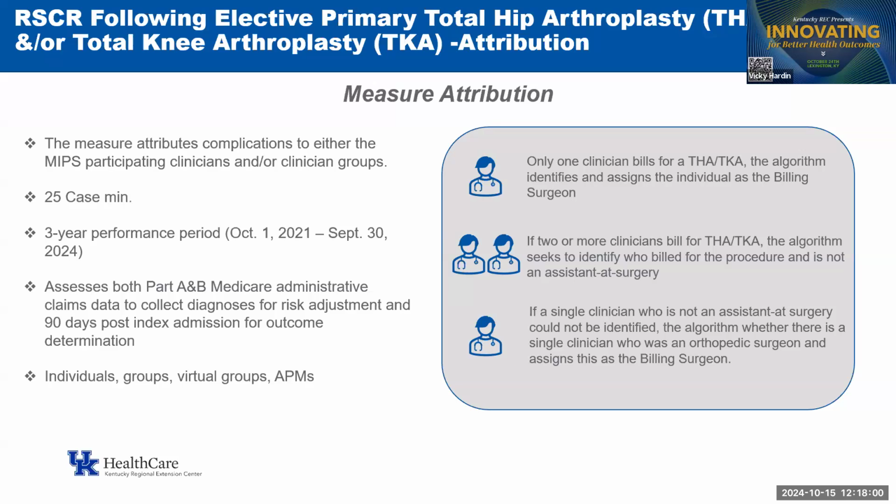So if the algorithm cannot identify a billing surgeon using these 3 rules, then they will identify whether an operator is listed on the institutional claim. And if not, the patient is not assigned to a clinician or clinician group, so therefore they're excluded from the measure. So that's kind of how the attribution is broken up for this measure.